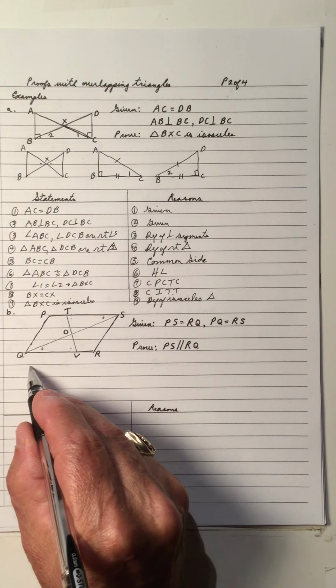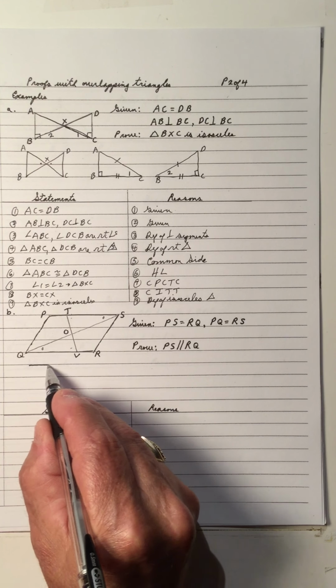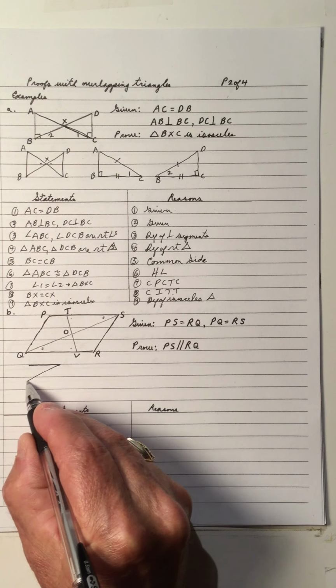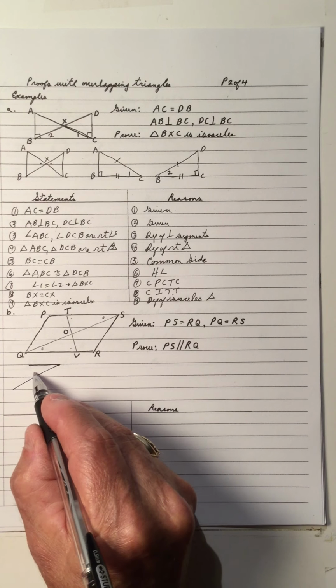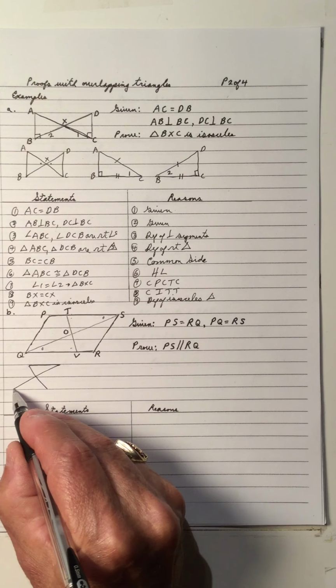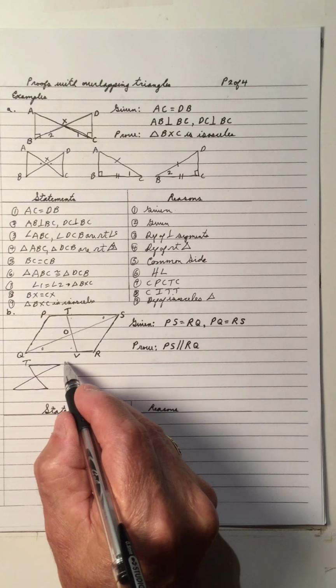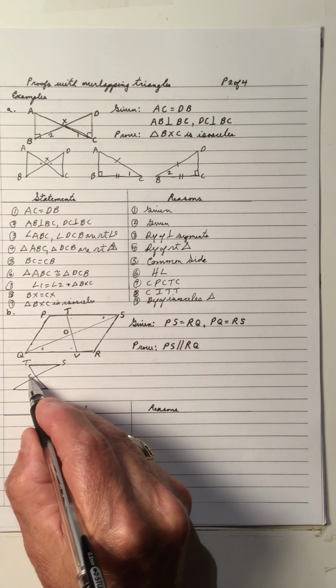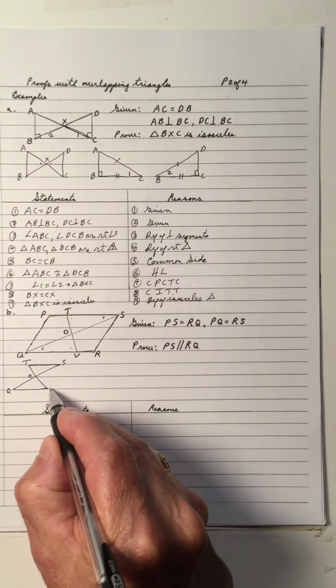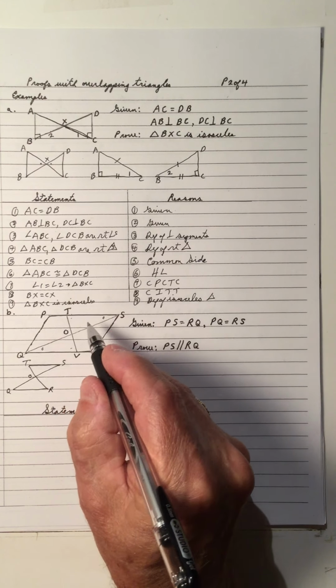So let's look at these two triangles, the ones with the vertex at the intersection.